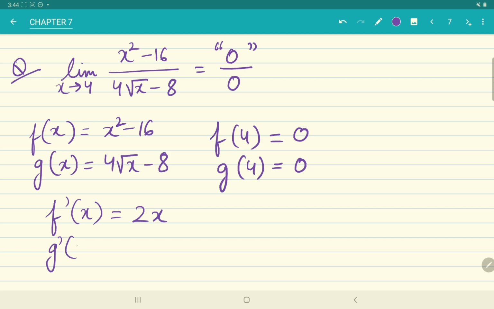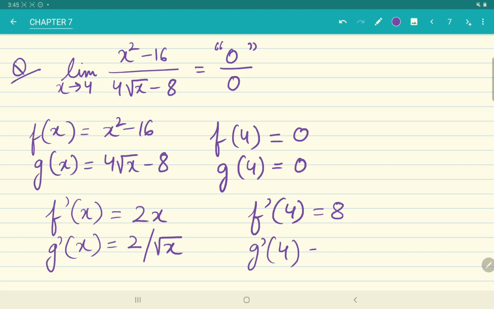You can calculate g prime x, which is 2 divided by root x. And now the next step is to calculate f prime 4, which is nothing but 8, and then to calculate g prime 4, which is nothing but 1.